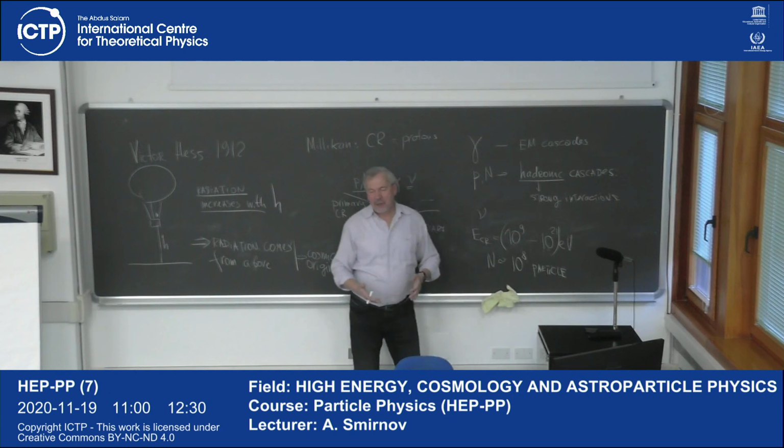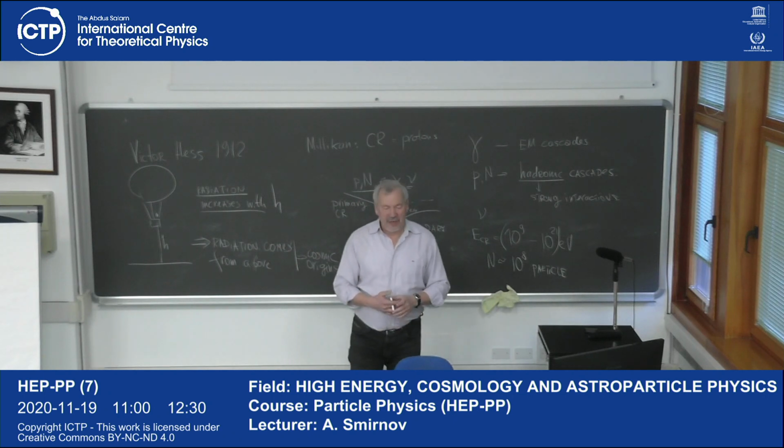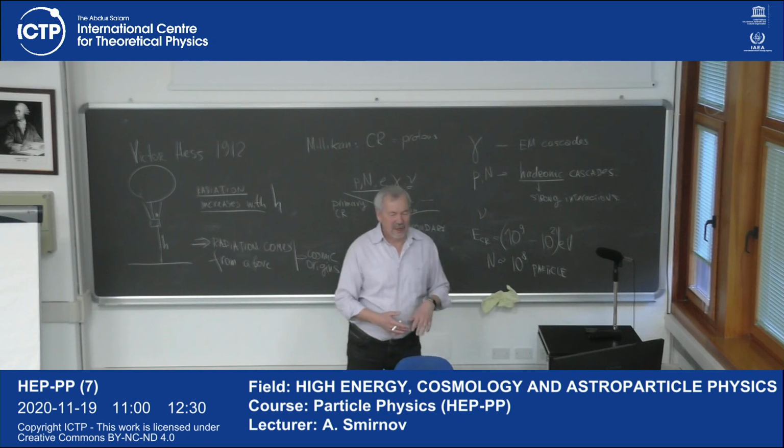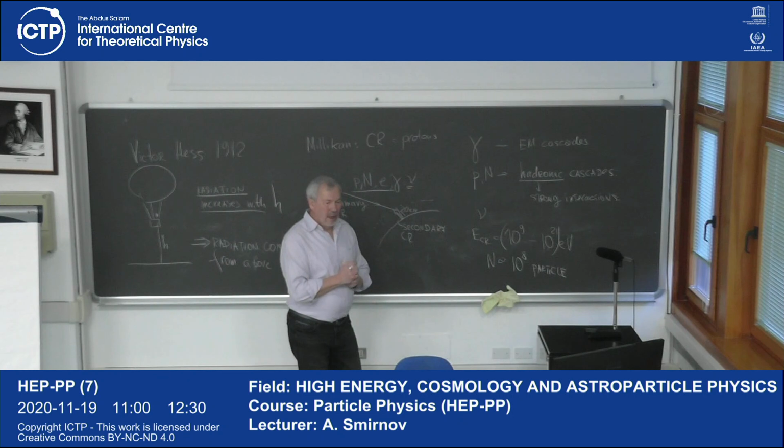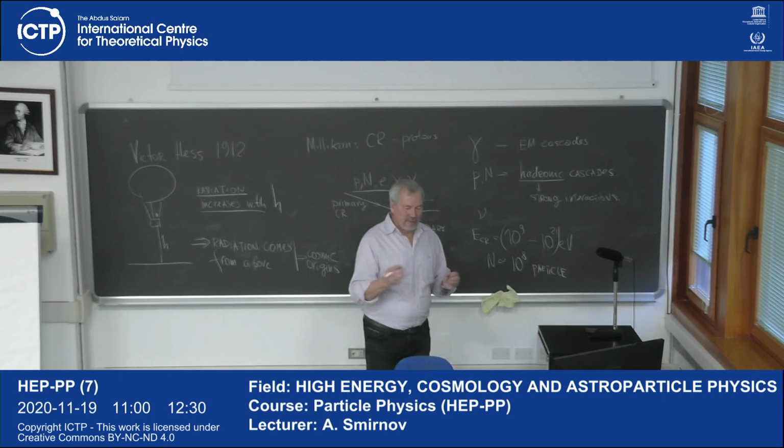The present understanding is, well, actually Fermi suggested the first mechanism, that these particles are accelerated in shock waves produced in astrophysical objects. And now we think that probably there are jets of material which appear from various sources like active galactic nuclei, and there are also shock waves in these jets. And in these places, there is acceleration to very high energies.